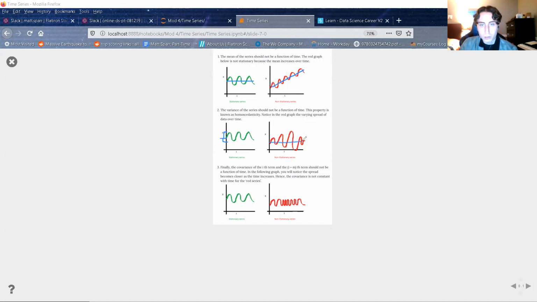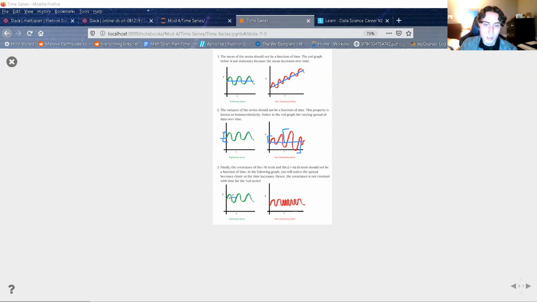Here, if we draw a baseline, we can see that we have this distance here, but then it goes out wider here, and down here it's a little bit wider as well. So this one would not be stationary. And then lastly, on this one, we can see that the distance between the curves is consistent.